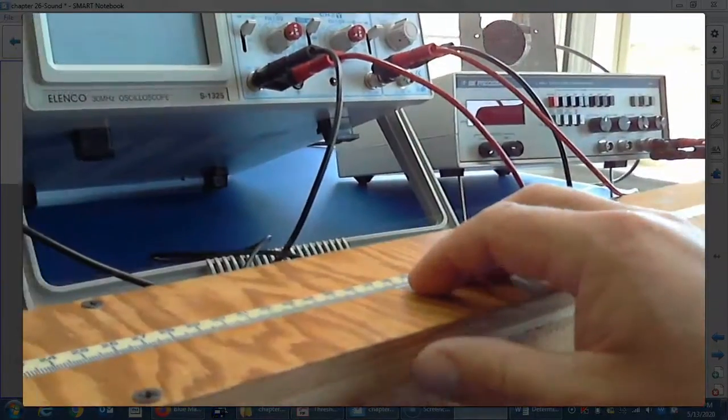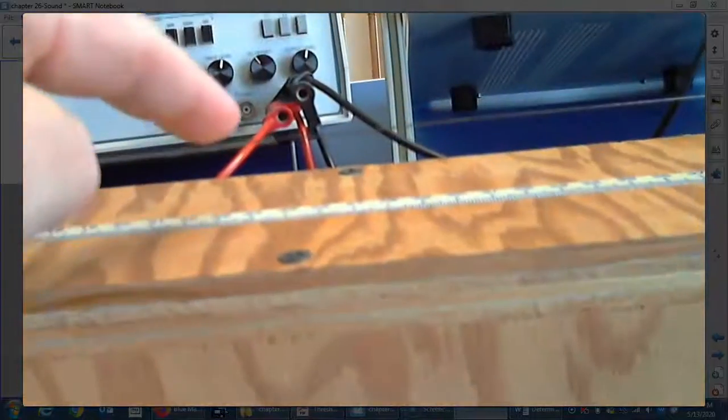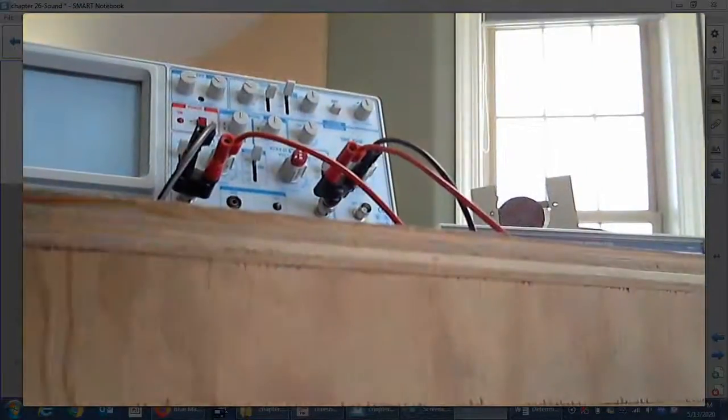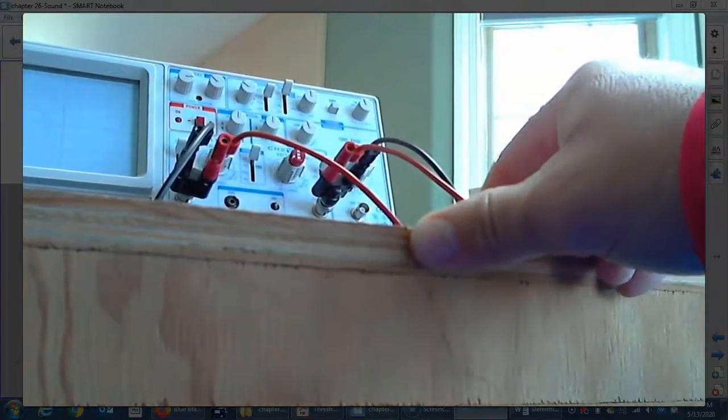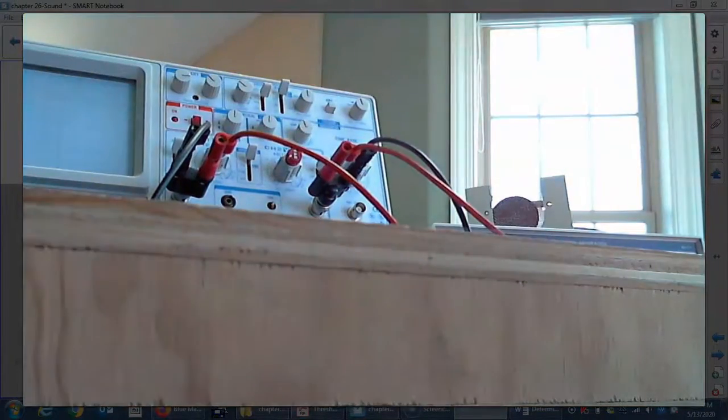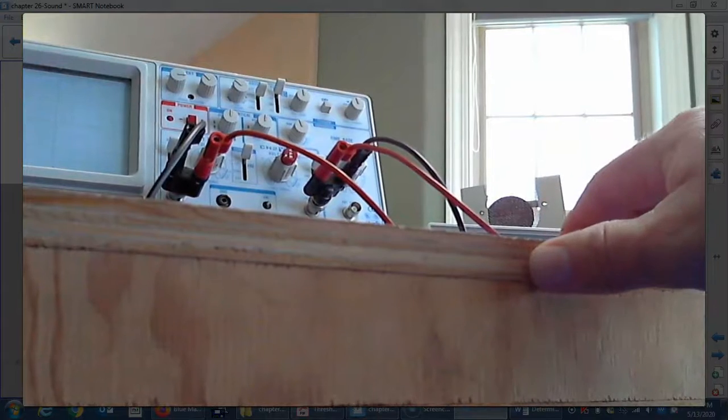But if I push on it somewhere, like that, and play a note, I made the wavelength shorter so the note's higher.